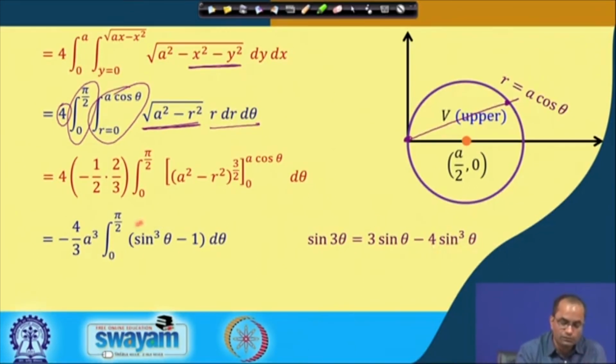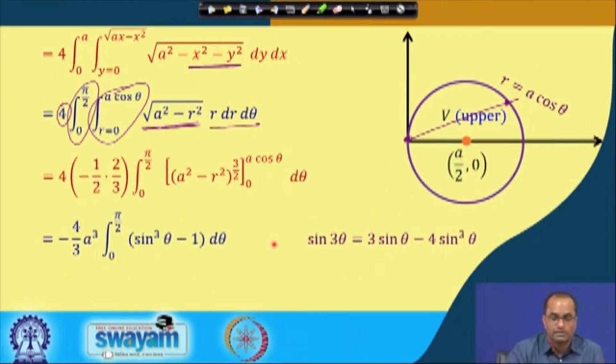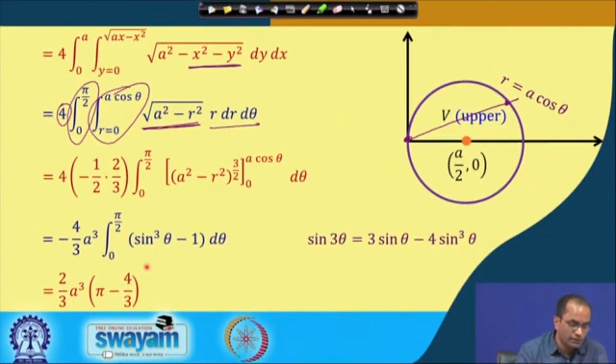So, this sine cube theta we can write down in terms of sine 3 theta and sine theta, which are easy to integrate. We can integrate sine theta, we can also integrate sine 3 theta. So, after this evaluation of the single integral we will get 2 by 3 a cube times pi minus 4 by 3.